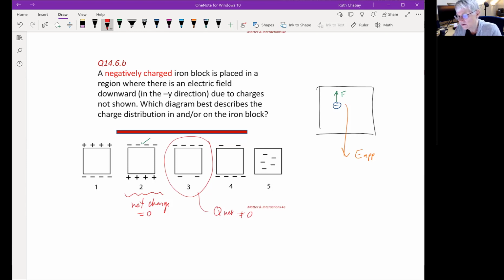Remember we had the dipole moment is alpha E for a molecule or something. The polarizability of a metal, a conductor, is essentially infinite, actually.